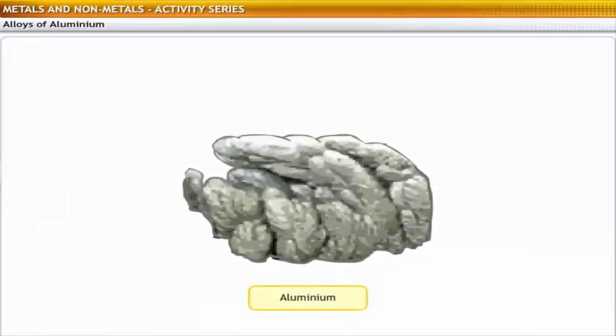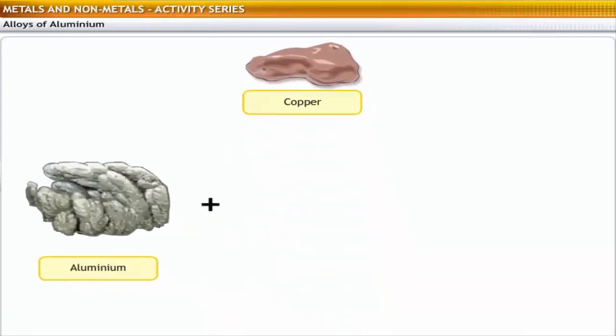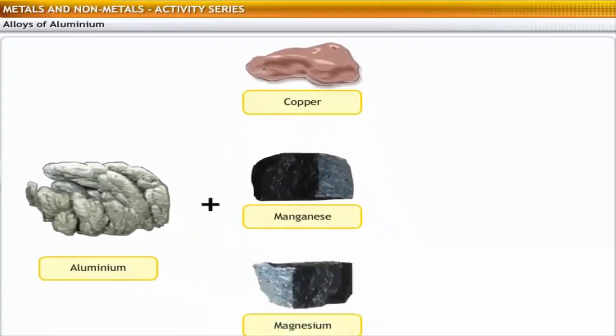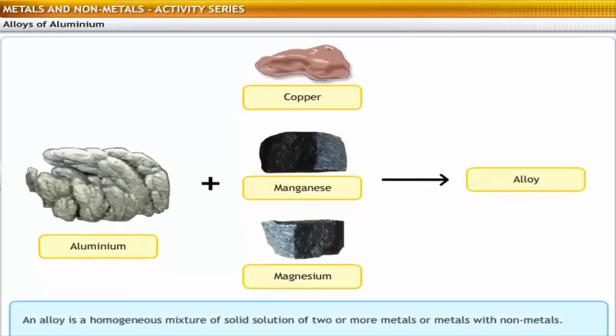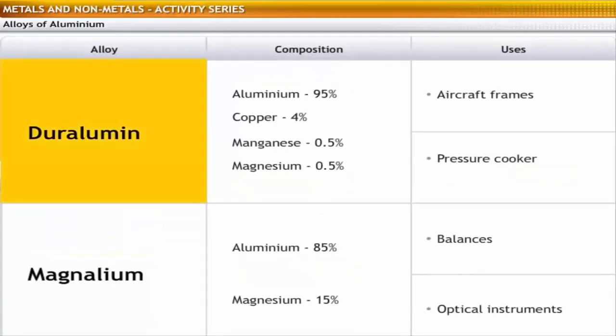Extracted aluminium in combination with other metals like copper, manganese, magnesium form alloys. An alloy is a homogeneous mixture or solid solution of 2 or more metals or metals with non-metals. Duralumin is a light and tensile alloy of aluminium.